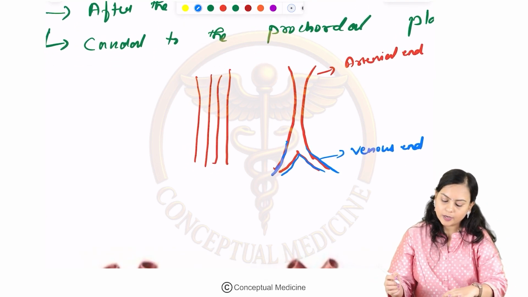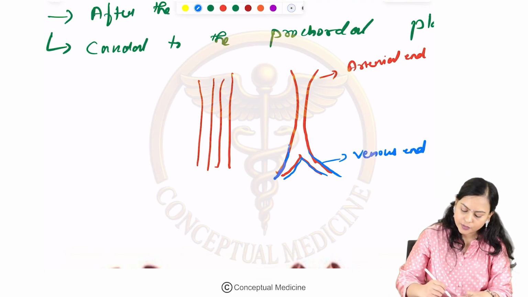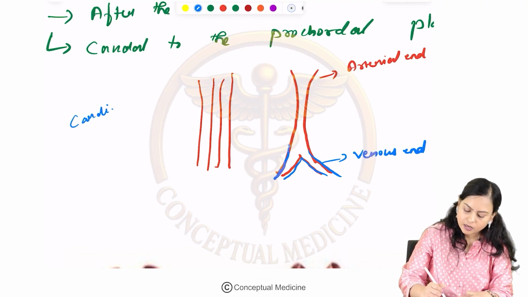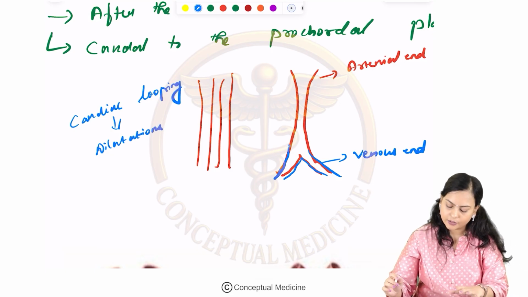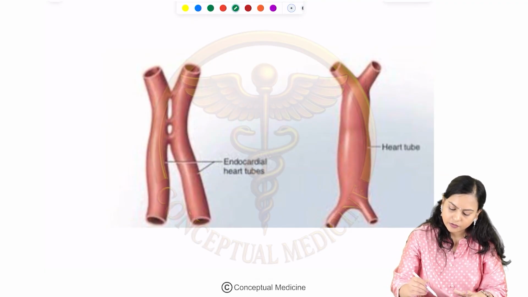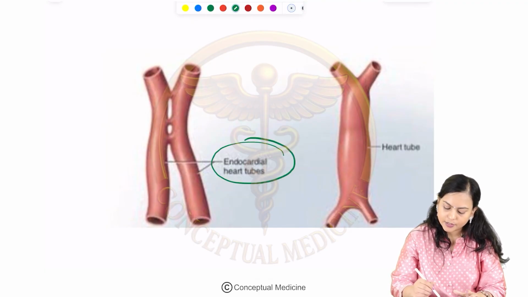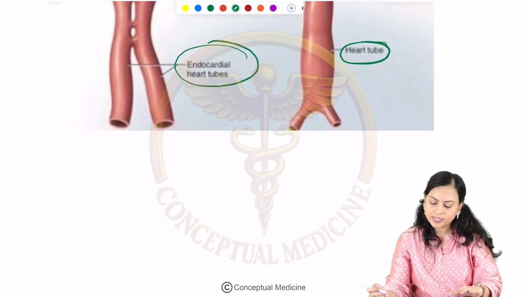At one point, folding happens in these tubes, that is cardiac looping, and various dilatations are seen to form in the heart tube. So this is the picture. First we'll have endocardial tubes, two tubes are present. They will fuse together to form a single heart tube.